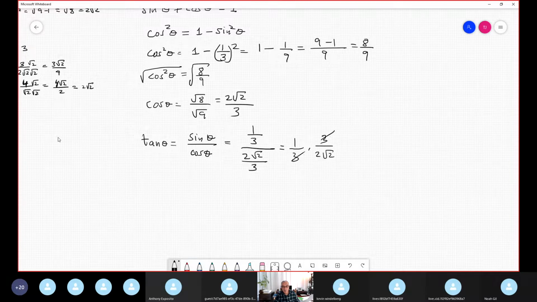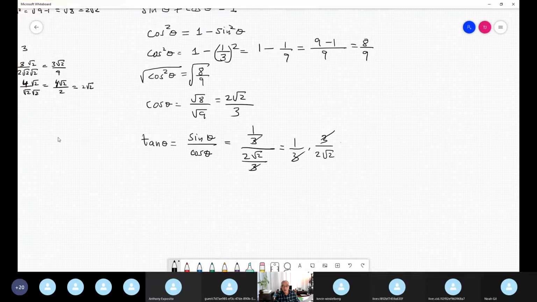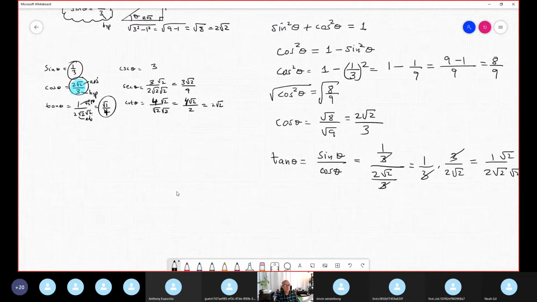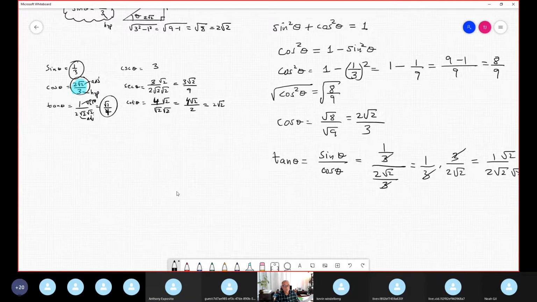The 3 is cancelled. You cancel here or here, either way. It's 1 over 2 radical 2. Rationalize: radical 2 over 2 times 2 is 4. Boom, same answer.